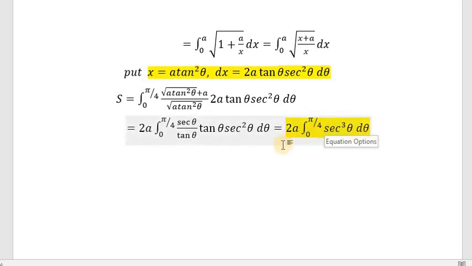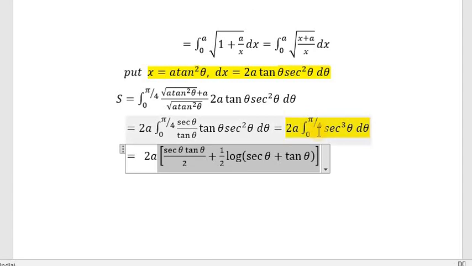So 2a constant we removed outside, and by integrating secant cube theta d theta, standard formula is there, that is secant cube theta d theta integral is secant theta tan theta by 2 plus half log secant theta plus tan theta.